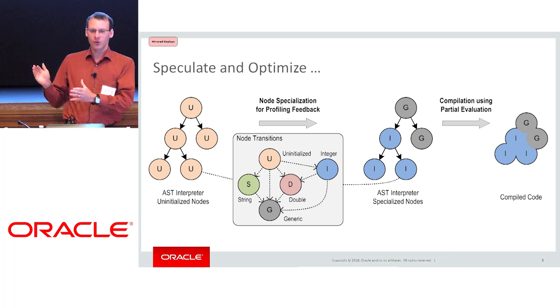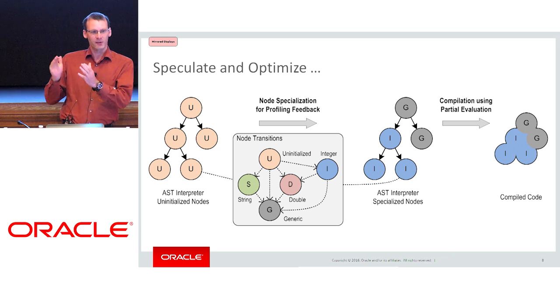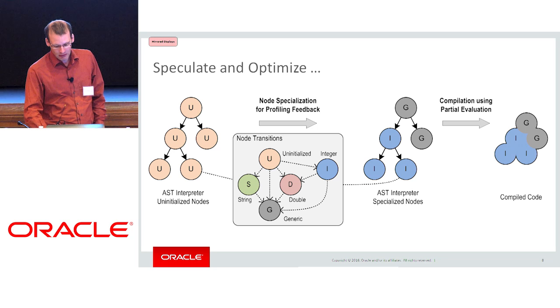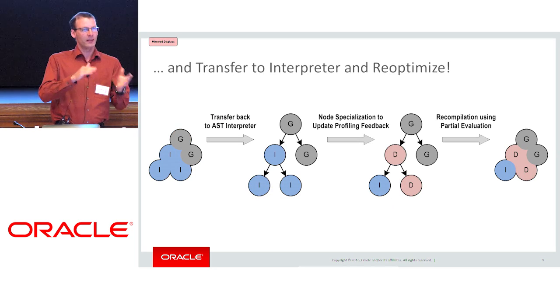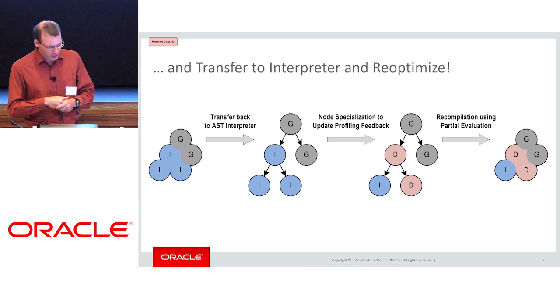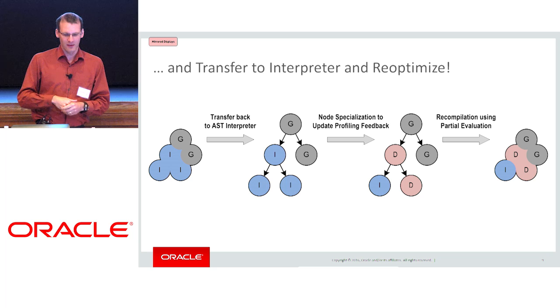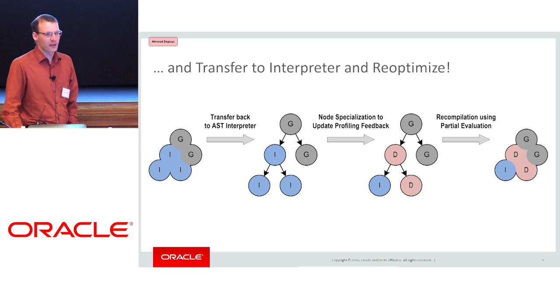But then the compilation, which uses partial evaluation, is completely for free because that's done transparently by Graal. And also going back from the compiled code to the AST interpreter, in case your speculation does not hold, that's also done by the infrastructure.